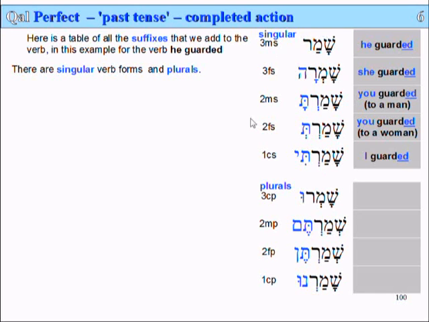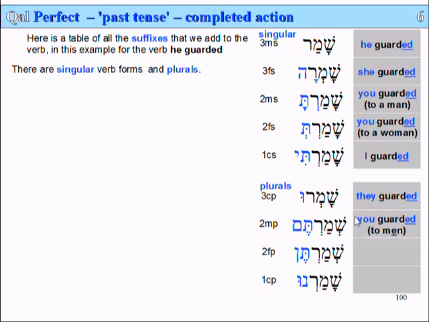So this is a singular, and when we're speaking to more than one person or of more than one person, we use these forms. So Shamar becomes Shamru. They guarded. Shamru. They guarded. And if I want to say you guarded to men, I say Shamatim.